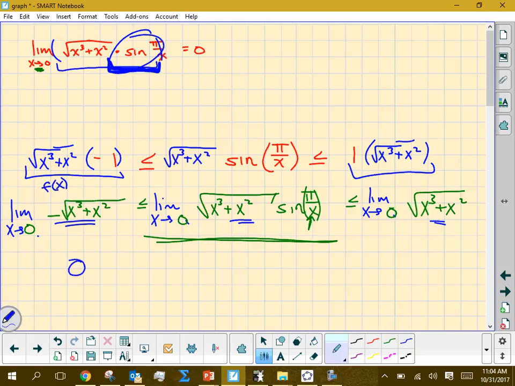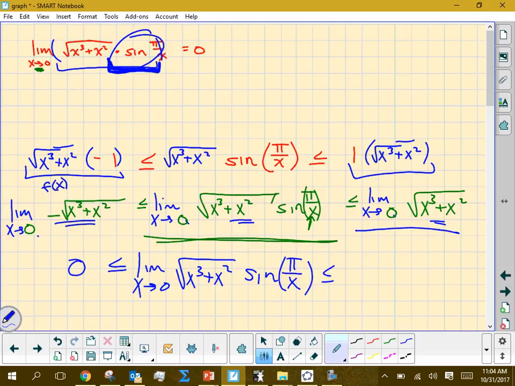So this gives me 0 is less than or equal to, okay, whatever this limit is. I can't evaluate this one, x cubed plus x squared sine of pi over x. Can't evaluate that one. But I can evaluate this one. Plug that 0 in, I get square root of 0 plus 0, which is square root of 0, which is just 0. So I get 0.